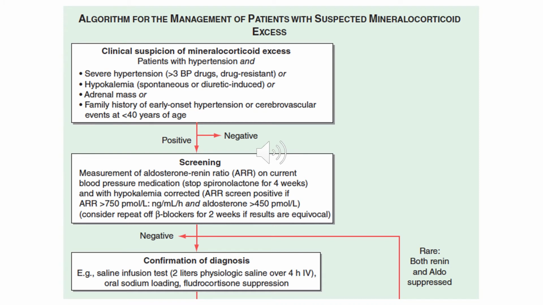Alternative tests include the oral sodium loading test or the fludrocortisone suppression test. Now, in patients with overt hypokalemic hypertension, strongly positive ARR, and concurrently increased aldosterone levels, confirmatory testing is usually not necessary.